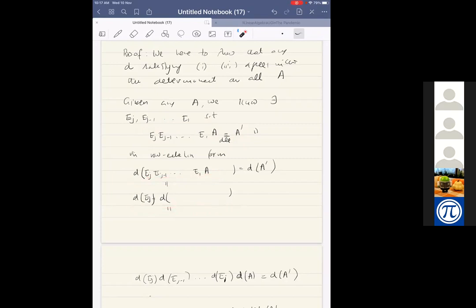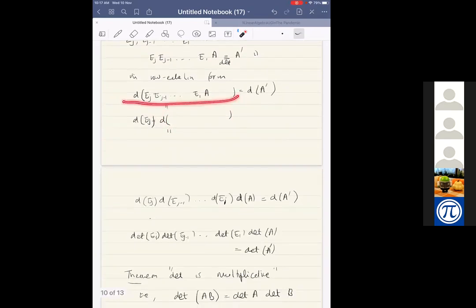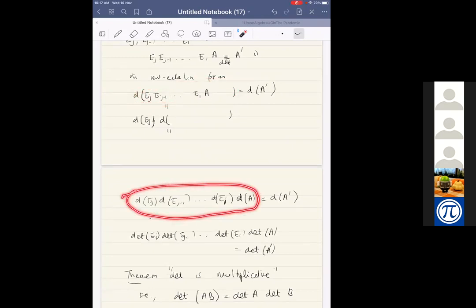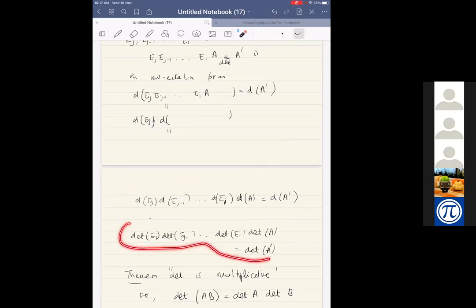So I can go from here to here. So this D, the function, is equal to this into this. And by repeating, I know that this is equal to this. So I have this equation, and I have exactly the same equation for det, because det satisfies properties 1 to 3.